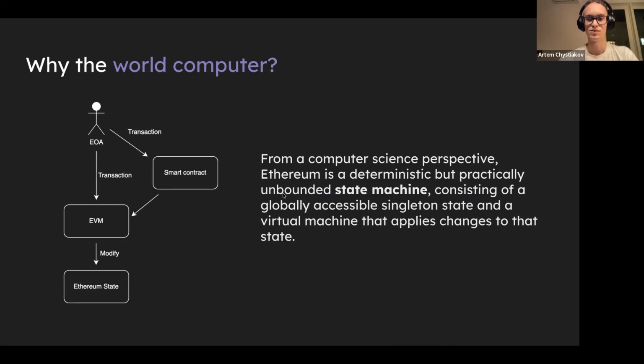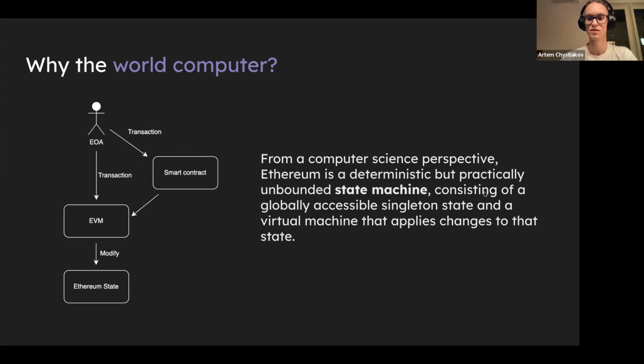It is practically unbounded, meaning that there is no final state of the state machine. If there is a transaction, the state will change, but it won't ever reach its final state.